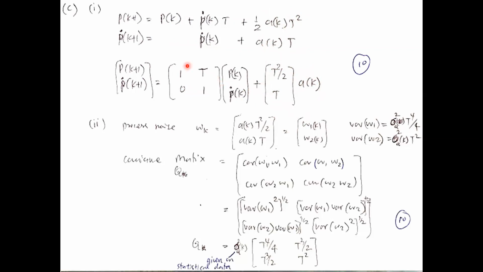Okay, so if you look at these two, velocity drives the position, right? And this is the same velocity, P dot k plus 1 is equal to P dot k if there's no acceleration. So this is a spacecraft problem. The spacecraft is in the orbit, there's no acceleration, right? So whatever the previous velocity is, that is the present velocity, and position changes accordingly.